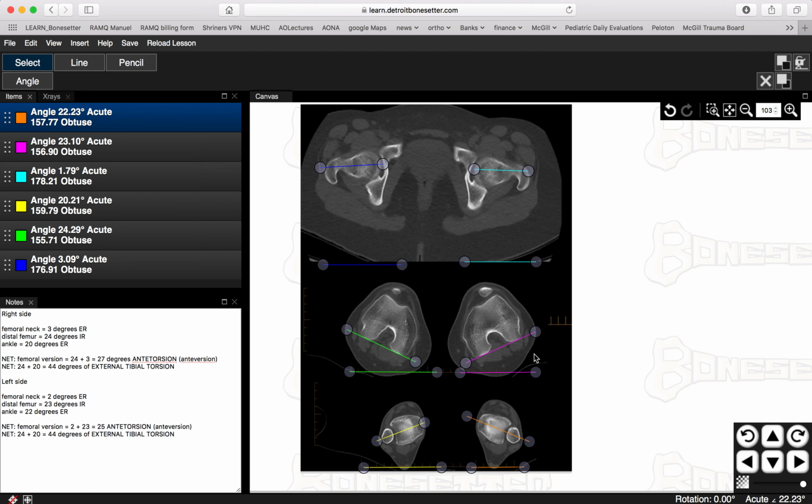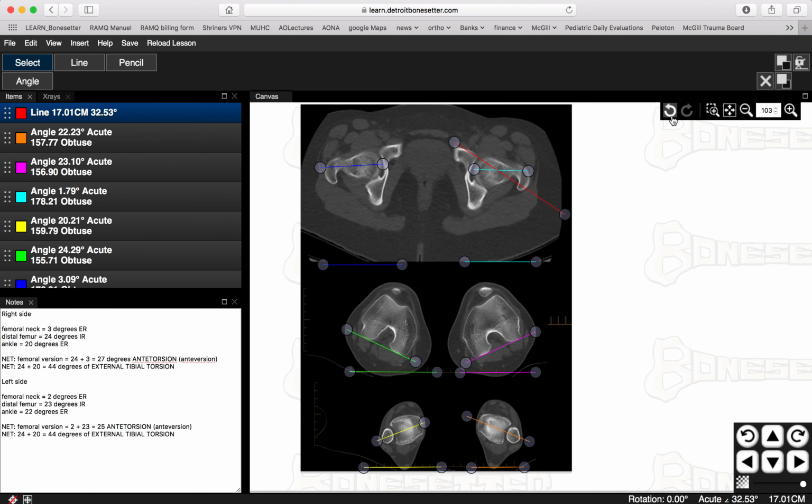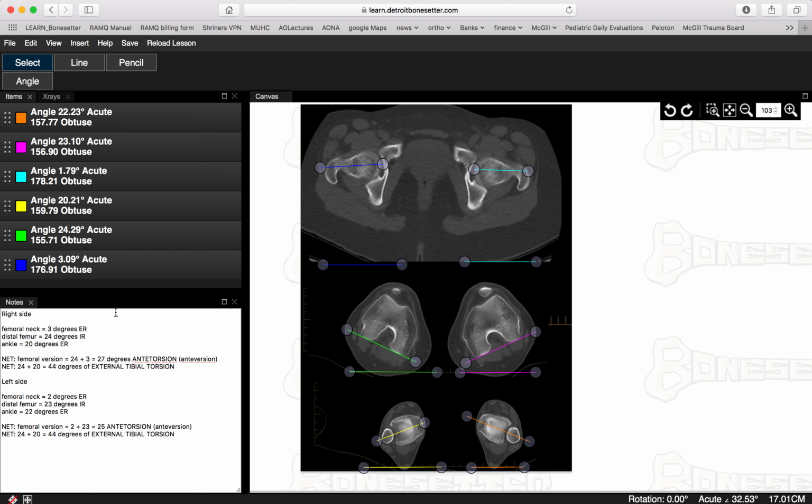Again, as the femoral condyles are flat, this femoral neck will increase its external rotation so that the femoral neck will be pointing this way, and that is called antetorsion. For the ankle, we're going to take, again, the purple, we're going to externally rotate it 23 degrees.